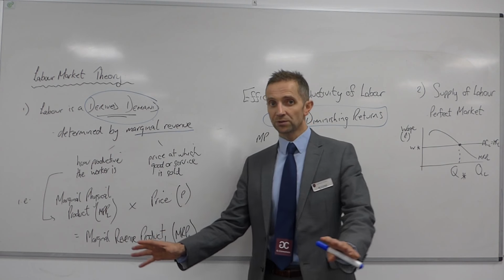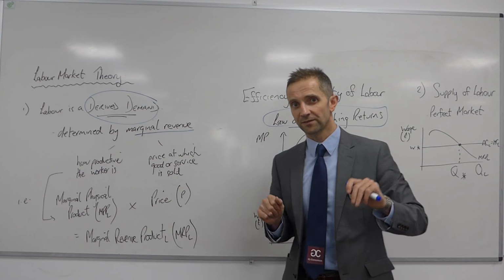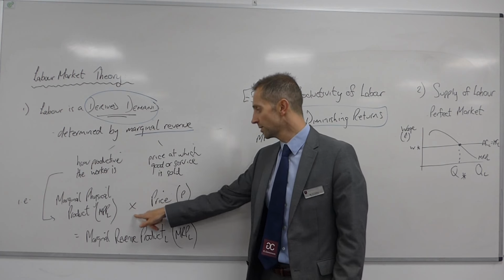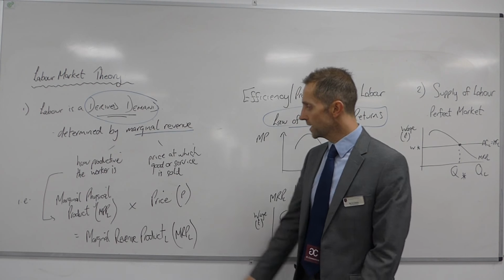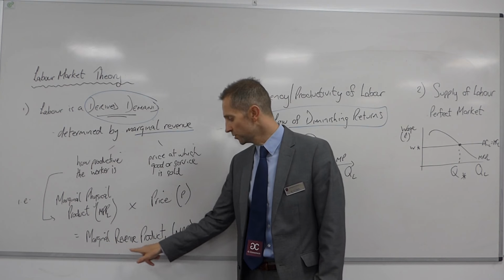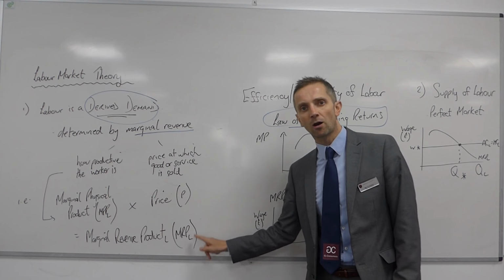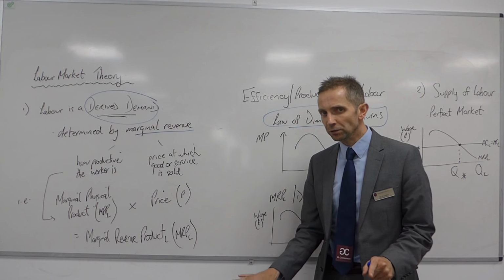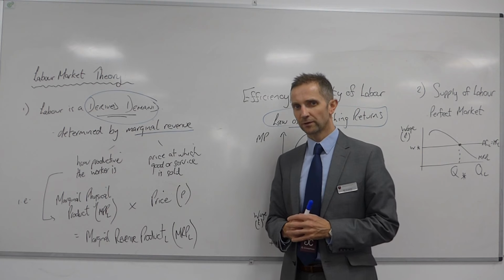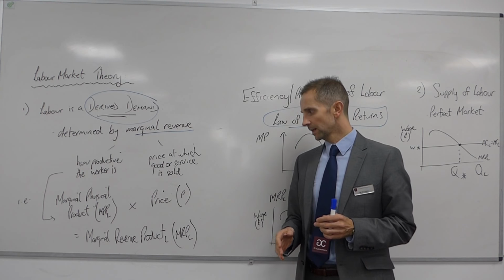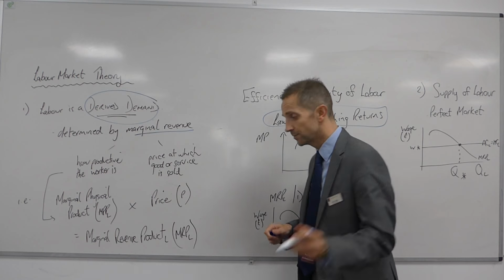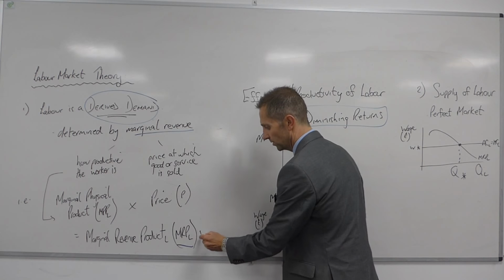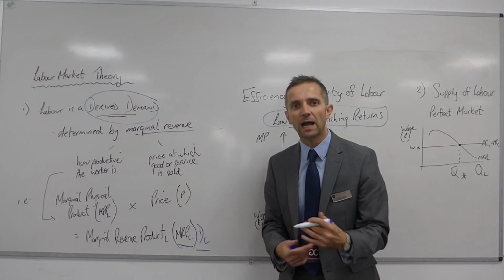Now, if we take those two factors as being the determinants of the demand and we multiply them together, MPPL multiplied by the price, then we get this term, the marginal revenue product of labour, or the MRP of L. Now the fact that it's marginal revenue, this should be familiar to you, especially once you've looked at market structures. But another term to describe that then is we're also saying that this MRPL is also effectively the demand for labour.